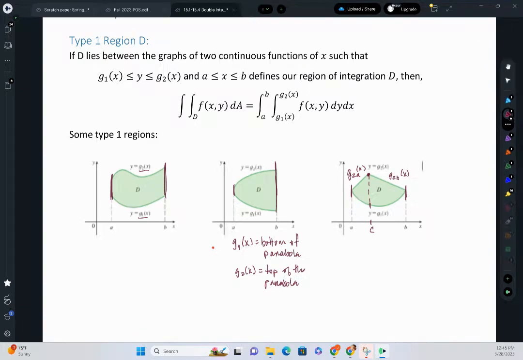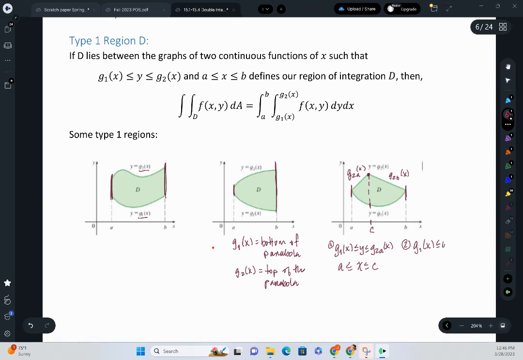In order to set this one up, I would have to look at two pieces. In the first piece, I would have y between g1 of x and g2a of x, while x is going from a to c. That would be the first part. The second part would be y going from g1 of x again, but going up to g2b of x, and x is now going to start at c and go up to b.